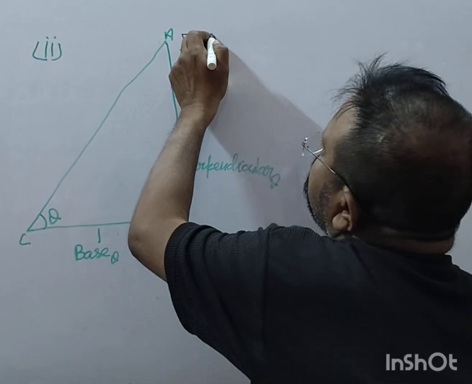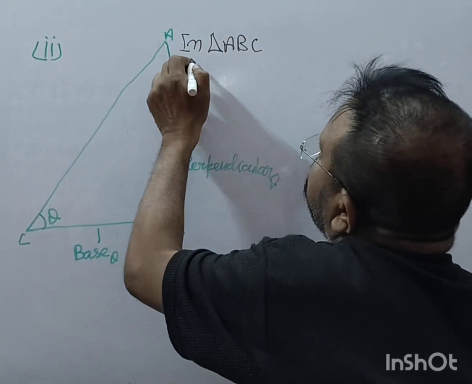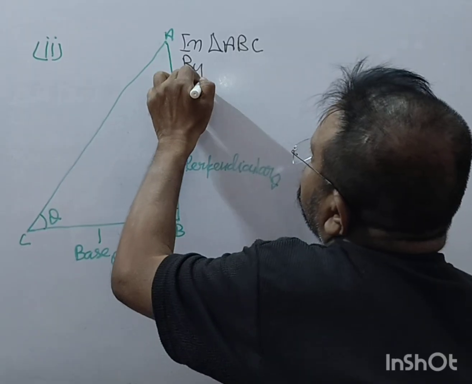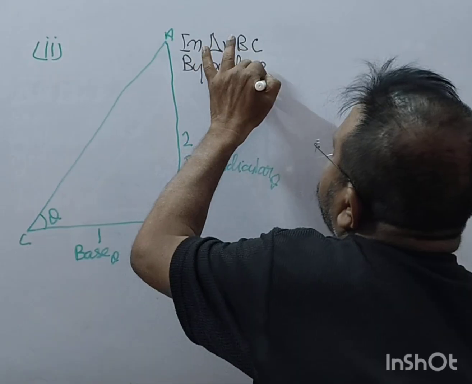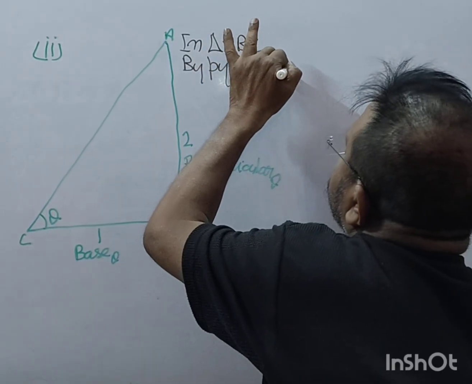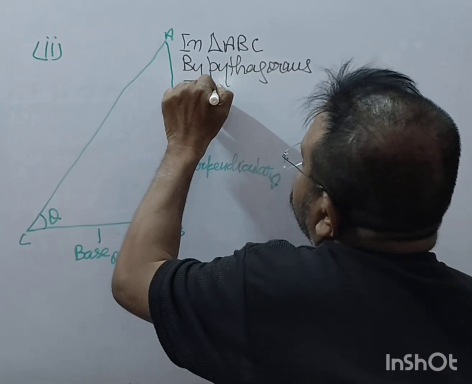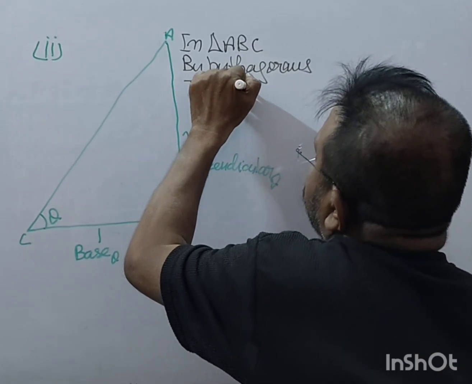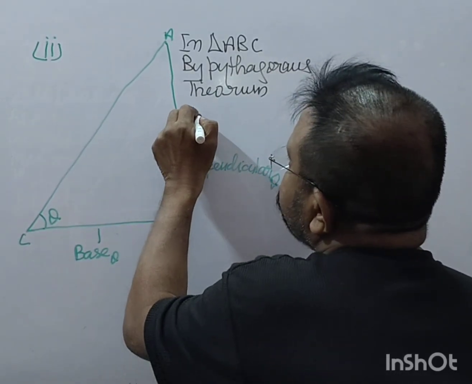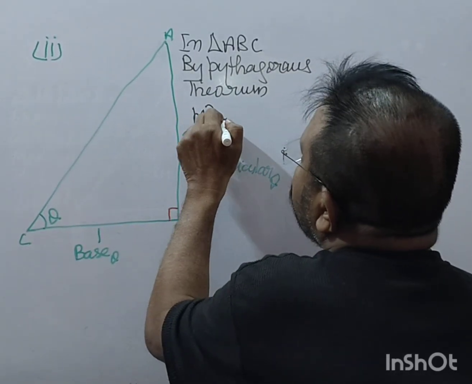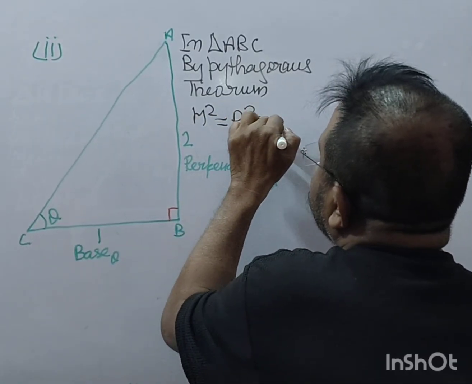So now, in triangle ABC, by Pythagoras theorem, hypotenuse square is equal to perpendicular square plus base square.